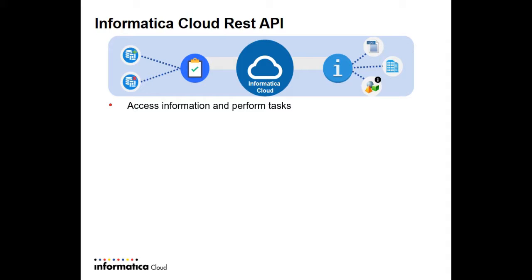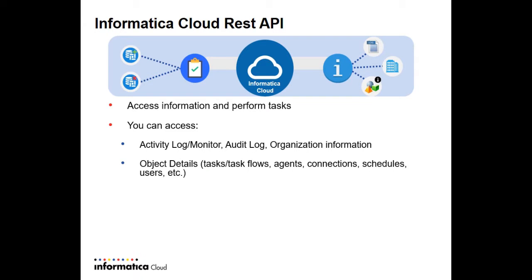The REST API includes a complete set of resources that allow you to access information from the activity log and activity monitor, audit log entries, as well as information about the Informatica Cloud org.